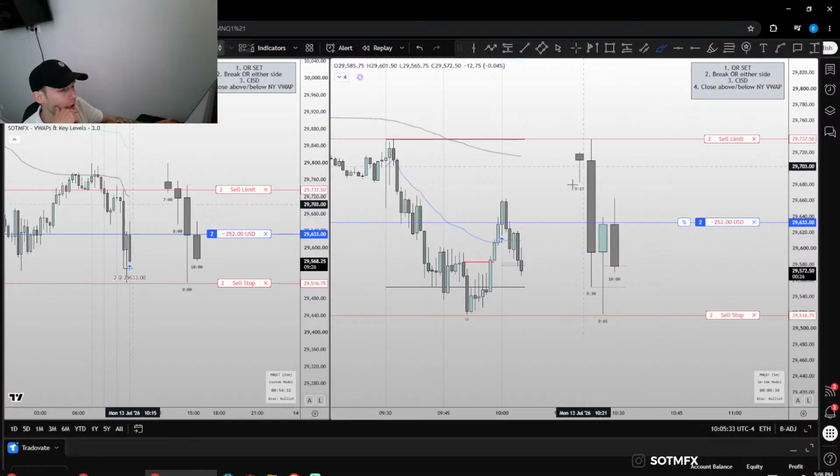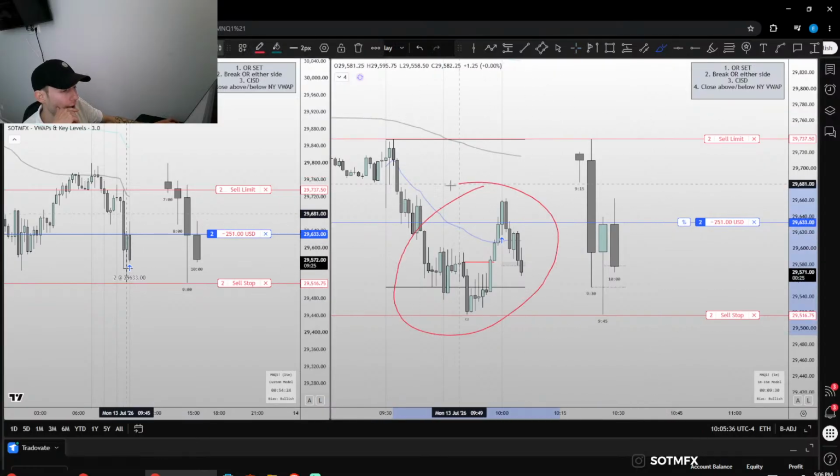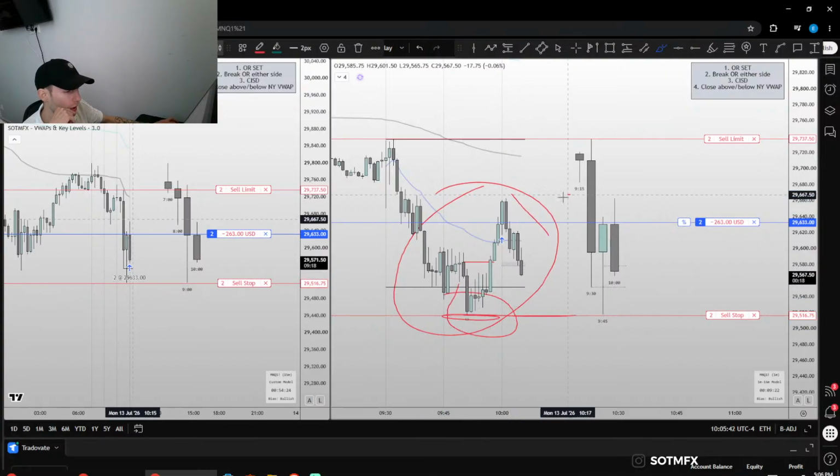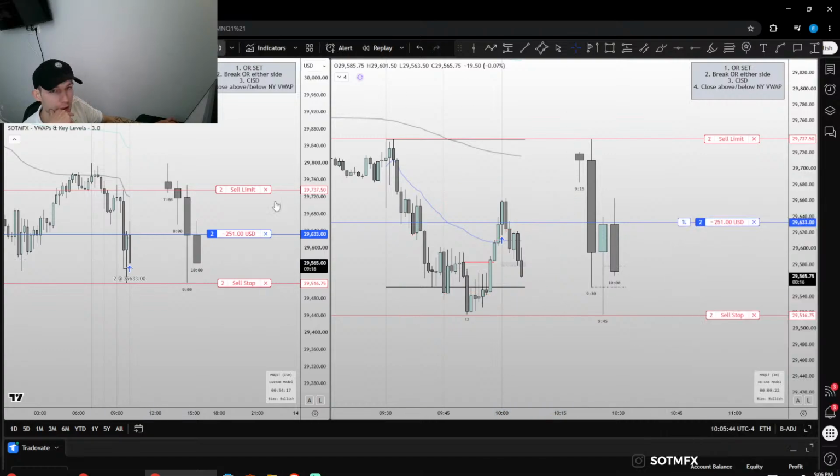So this trade is valid until price breaks the low. After price does break the low, this trade is invalid. And that's going to be my one trade for today. I'm not gonna take any more trades because I just take one trade a day.